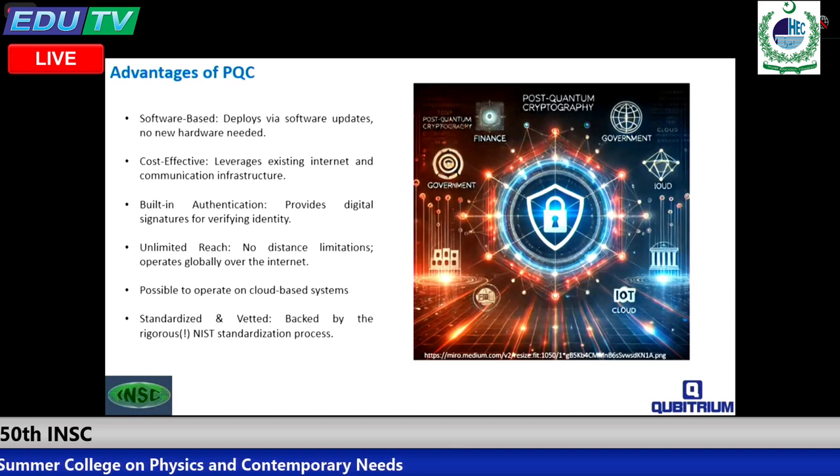So therefore, limitations are just removed. That's another advantage. And it's possible to operate on cloud-based systems, and it is standardized and valid because these PQC protocols are being built in a way that they are compatible with the existing infrastructures. Remember, we've talked about interoperability. So this is part of that as well.